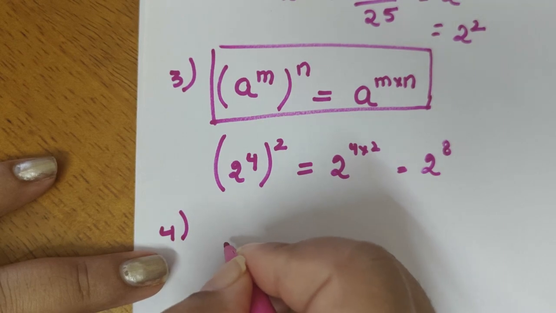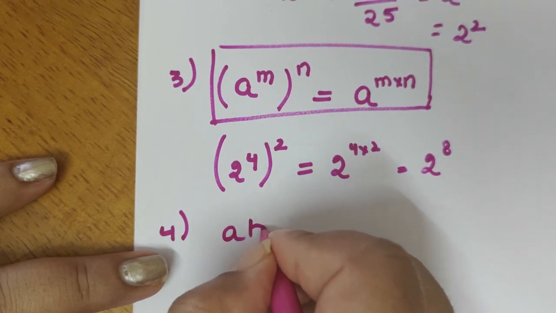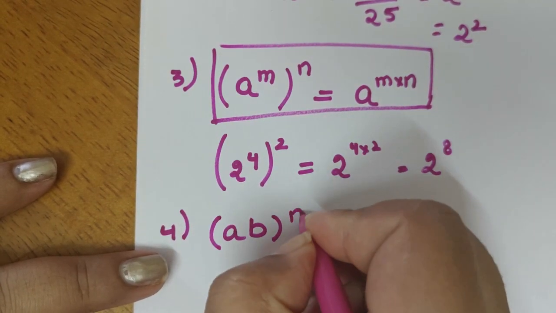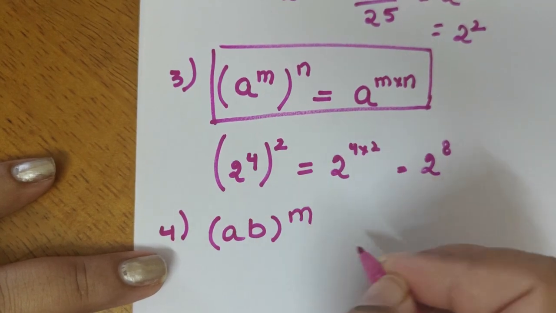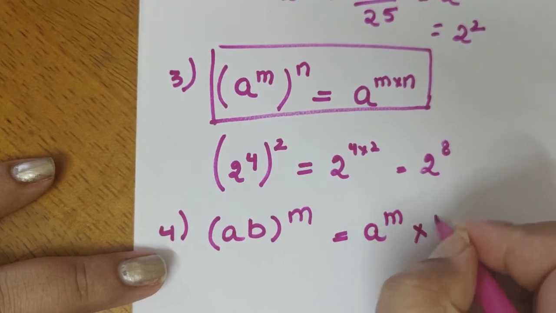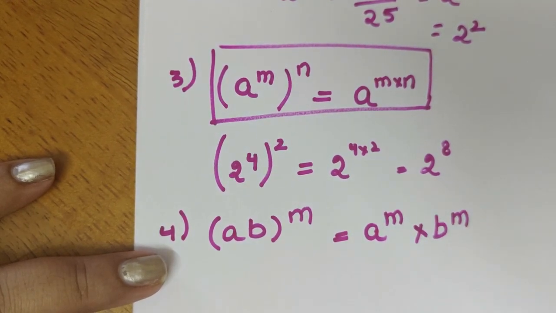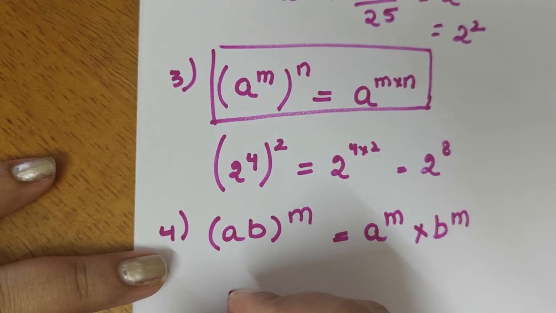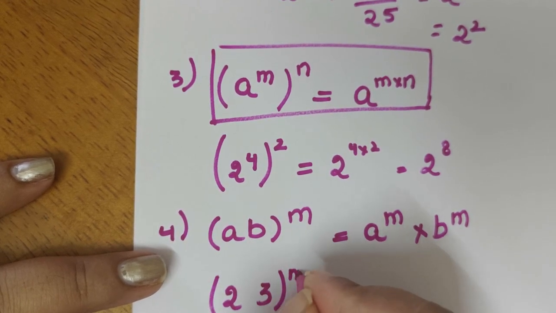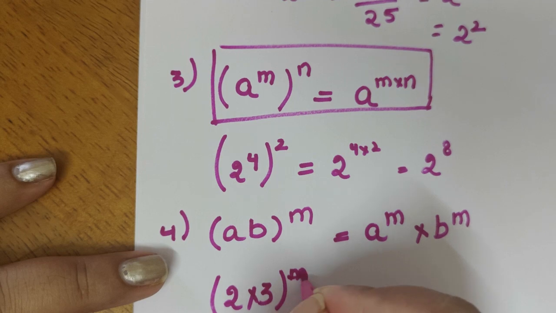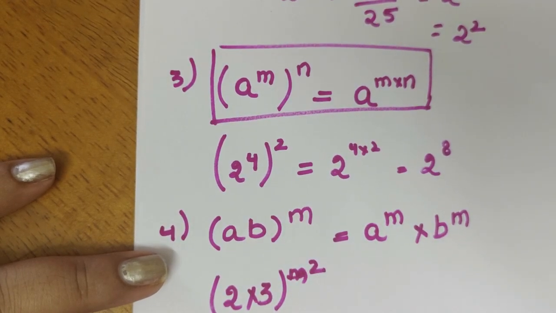The fourth law says that if I have two integers in a bracket which are raised to a power, say m, when we remove the bracket, they will become a to the power m into b to the power m. What I mean by this is, I have 2 into 3 raised to the power 2.